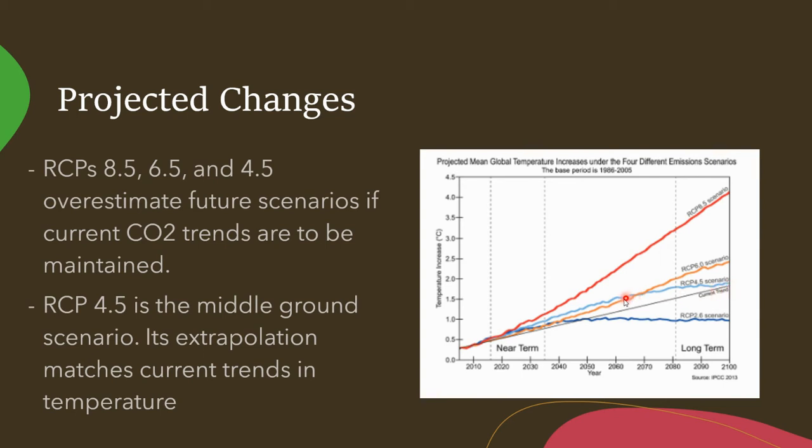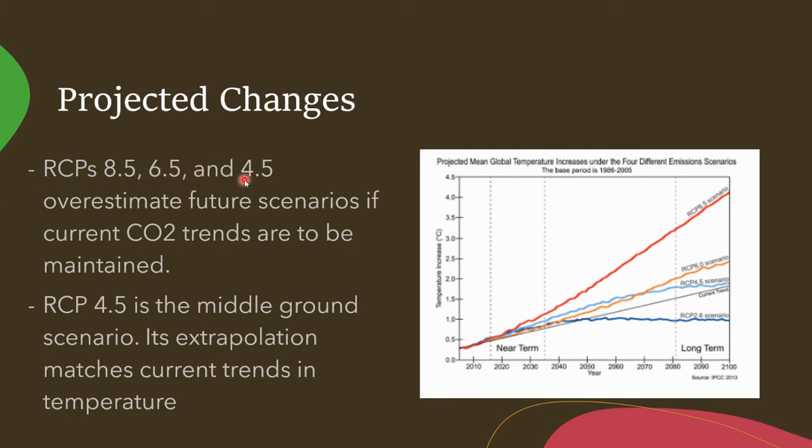But if scenario 8.5 continues, which is the really bad one, it will increase 4 degrees Celsius. For scenario 6, it will increase almost 2.5 degrees Celsius. For 4.5, about 2 degrees Celsius. And for 2.6, it is about 3, whatever it is, that will actually have some stable impact. So these are the four scenarios.